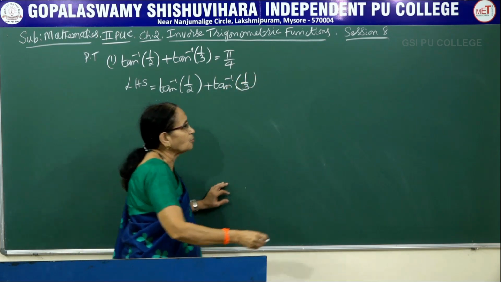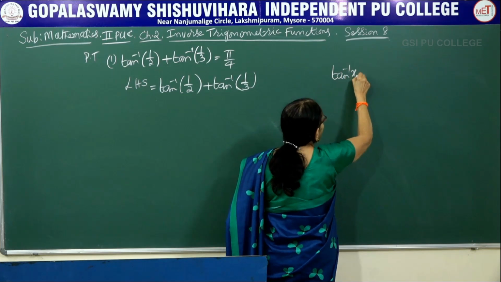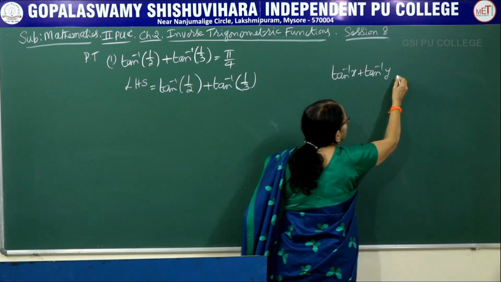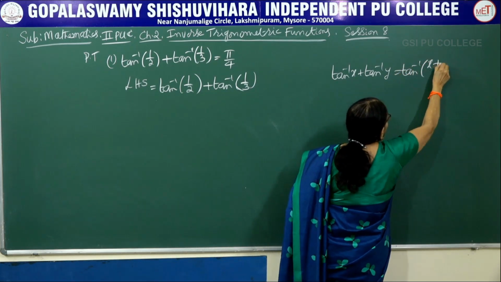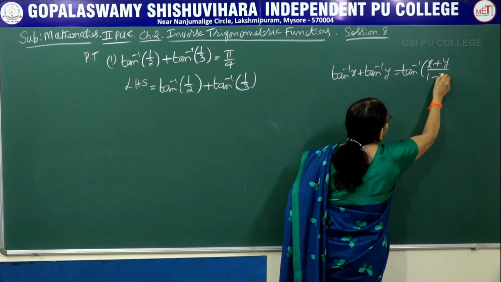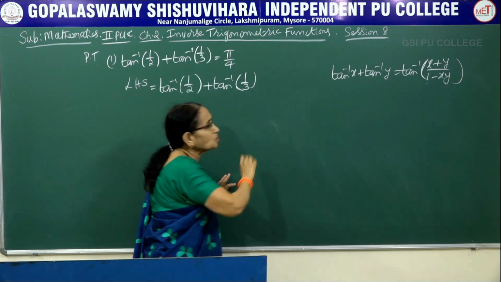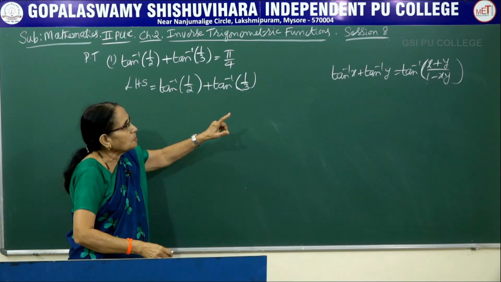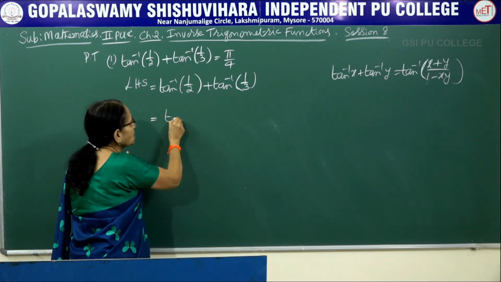By property 4, we know the result already, that is tan inverse x plus tan inverse y is equal to tan inverse of x plus y divided by 1 minus x into y. Now I am using this property. In the place of x I am having 1 by 2, in the place of y it is 1 by 3. So let me apply that property directly here.